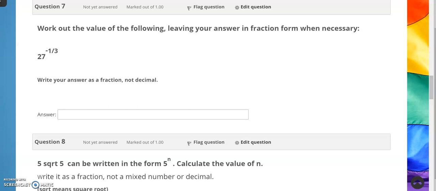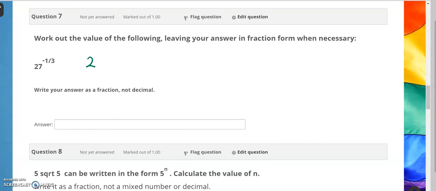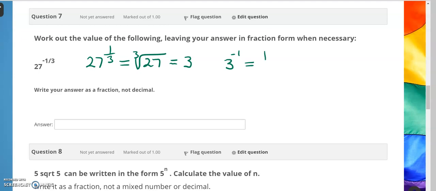So I'll work out 27 to the power of 1/3 first, which gives the cube root of 27, and that is 3, because 3 times 3 times 3 gives us 27. Now I can work out 3 to the negative power. So that is 3 to the power of -1. And that gives us 1/3.